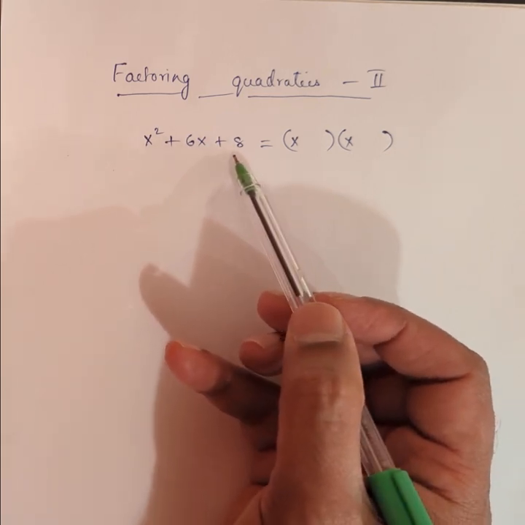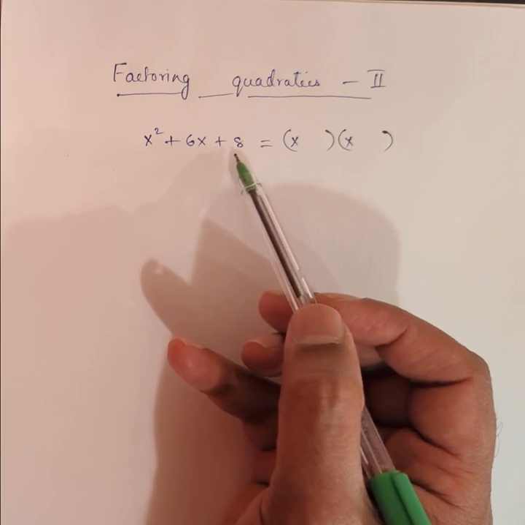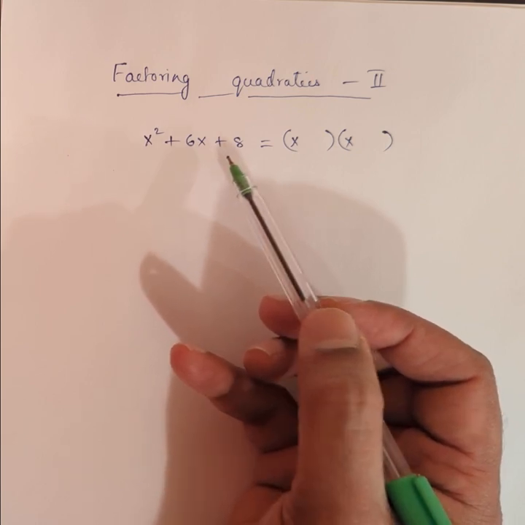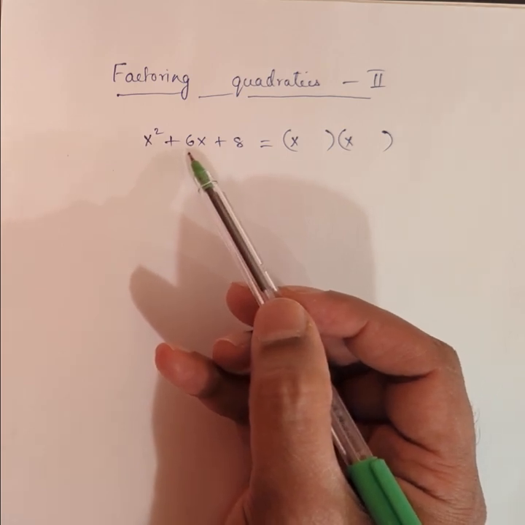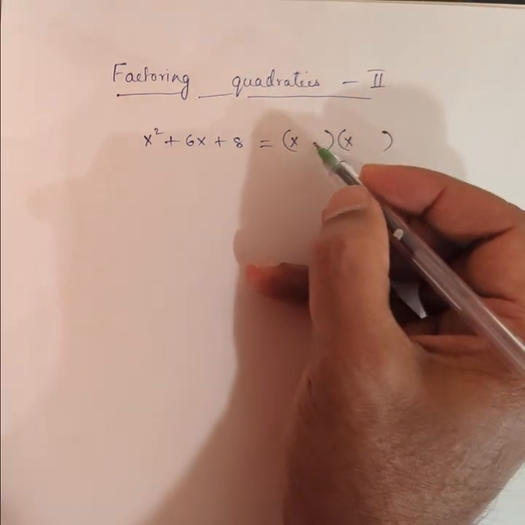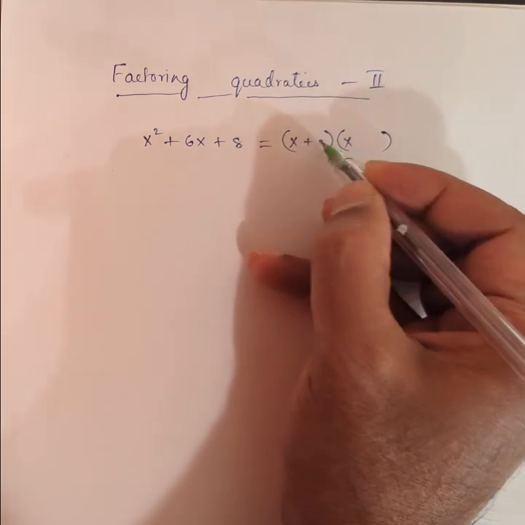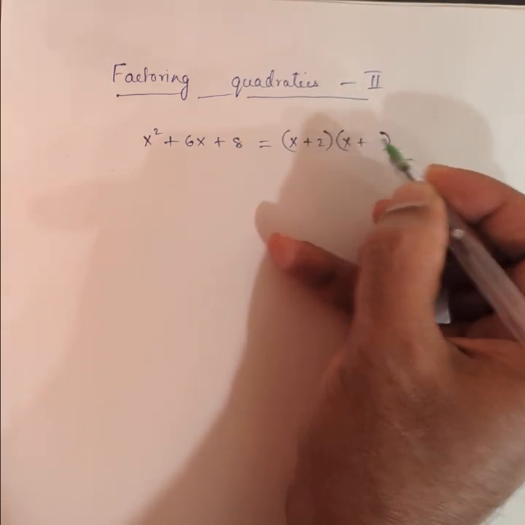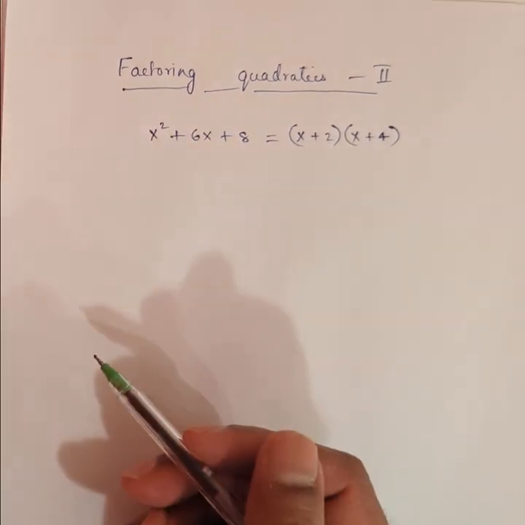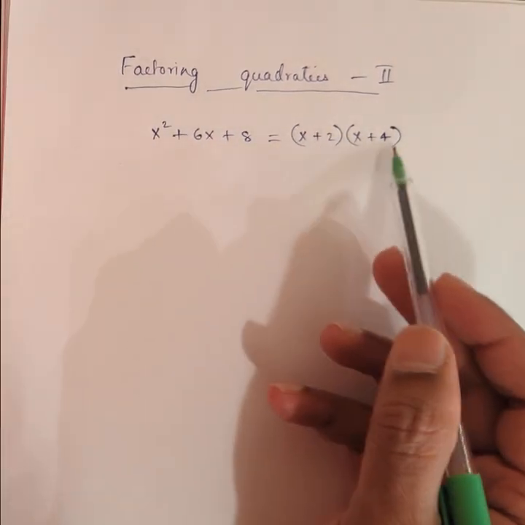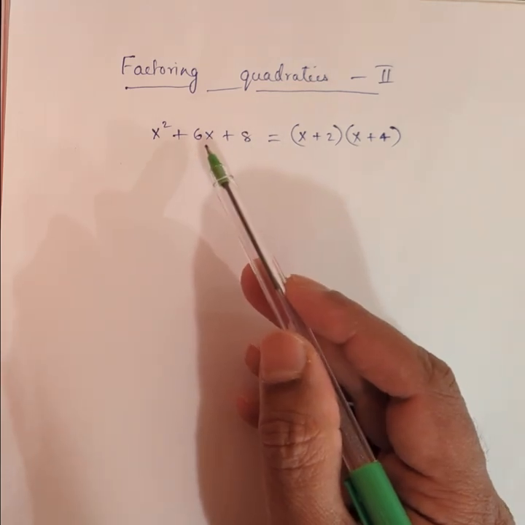So you would think of what two numbers you could multiply to get 8. And you might think 2 and 4. And 2 and 4 do add up to give you 6. So you say that the numbers are 2 and 4, and those are the numbers that go in the parentheses. And then you have got your factorization. If you FOIL this, you would get this expression.